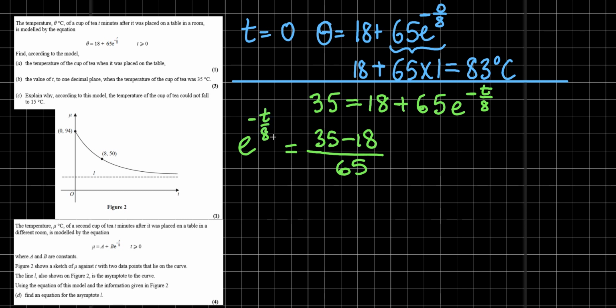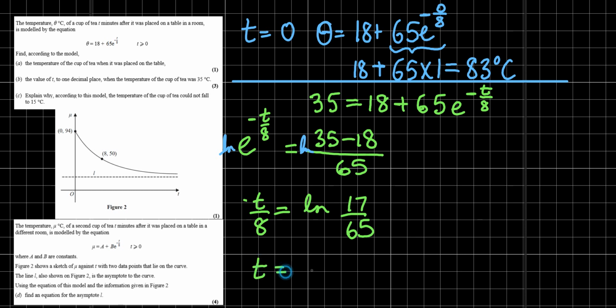And then to do the inverse of Euler's constant, we're going to do the natural log. So we do natural log of both sides. So ln of this side, we're going to have minus t over 8 is going to be ln of 17 over 65.